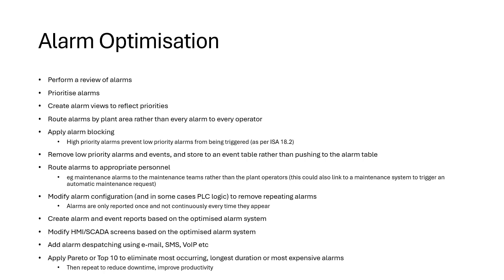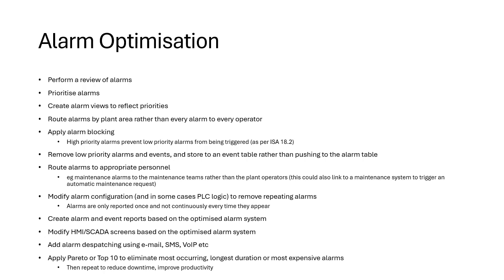For example, if a master circuit breaker trips, then you might get lots of alarms to say the machine has gone slow, something's not happening when it should, some outputs are now failing, and all of those are caused because you've had a main power failure. So of course the main power failure is what's causing the alarm, and in that case you wouldn't want all those other alarms to be triggered. So alarm blocking is preventing those other alarms from occurring once the higher priority alarm has occurred. And there's a standard for this.